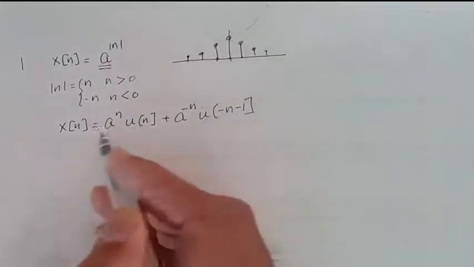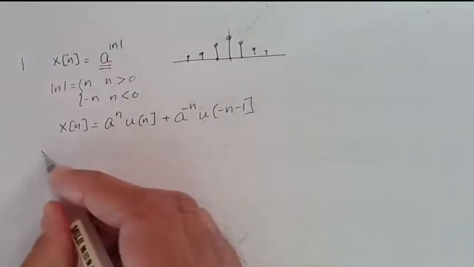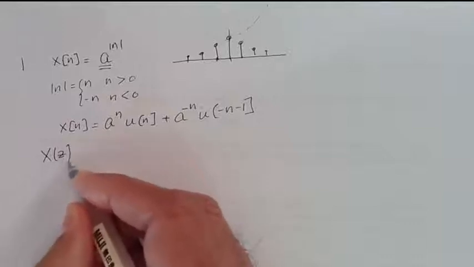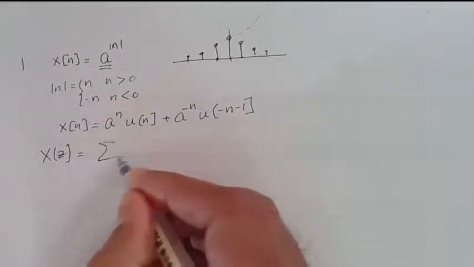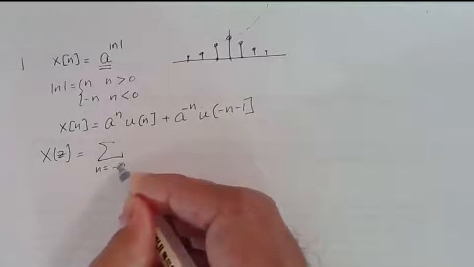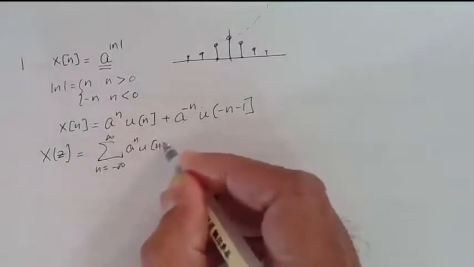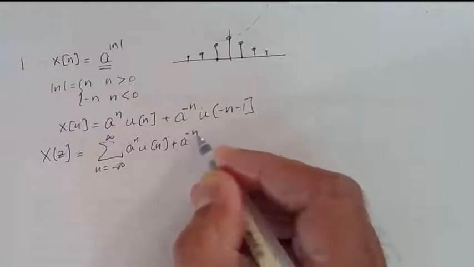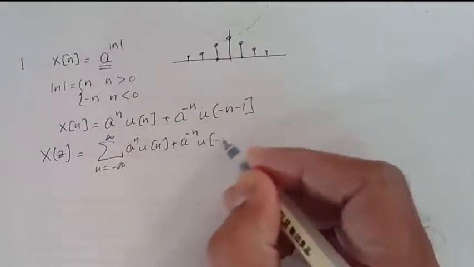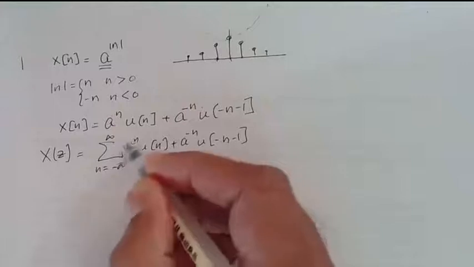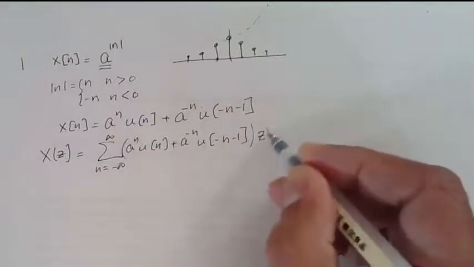Right? And now let's take the Z transform. So x of z is equal to summation n equals minus infinity to infinity of a to the n u of n plus a to the minus n u of minus n minus 1, times z to the minus n.